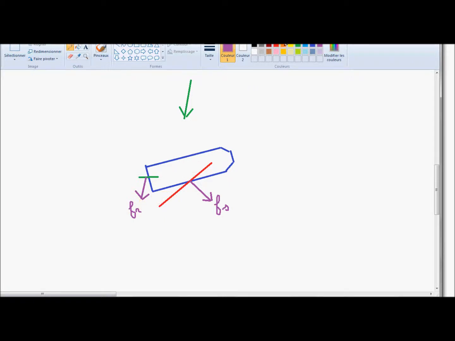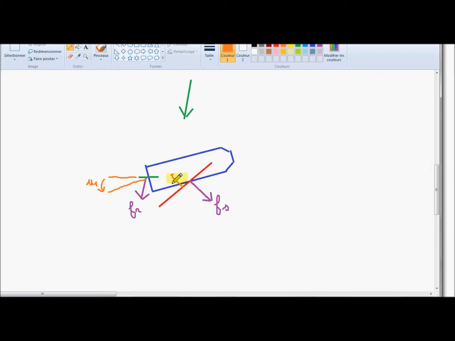The two inputs are the angle of the rudder, which corresponds to U1, and the other input is the length of the main sheet. The main sheet is a rope which links the sail to the center of the boat.